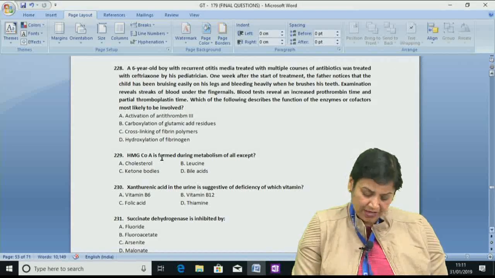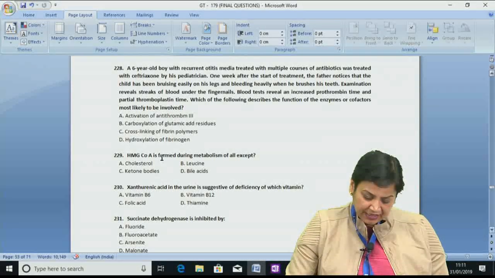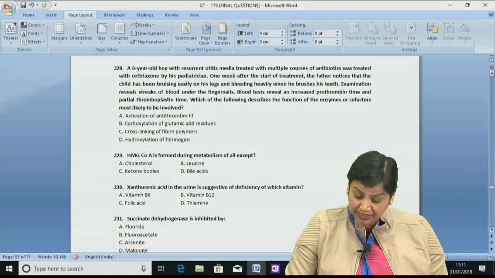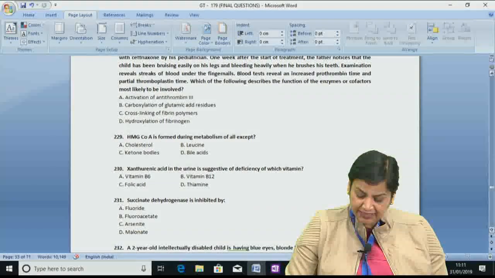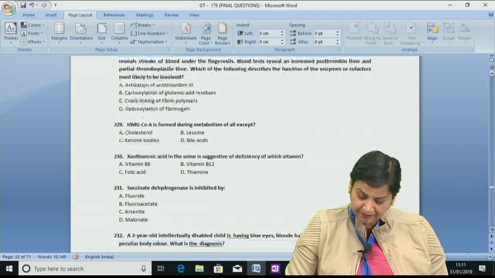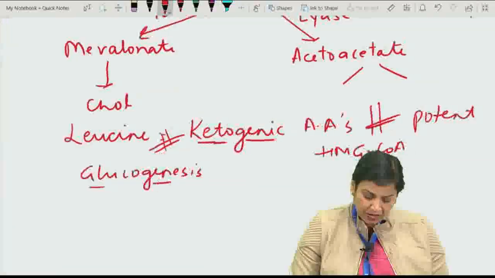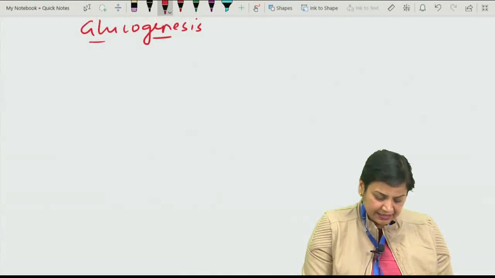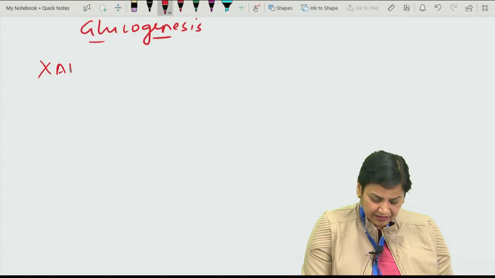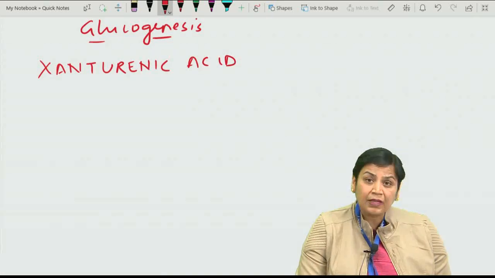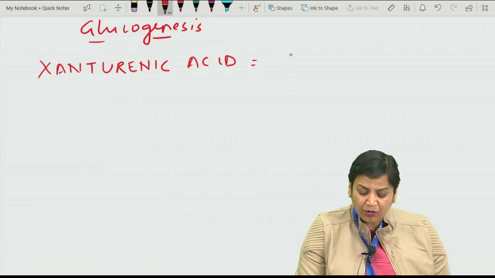Is it clear? Then next, xanthurenic acid in the urine is suggestive of what? Now see, xanthurenic acid is related to the metabolism of tryptophan.